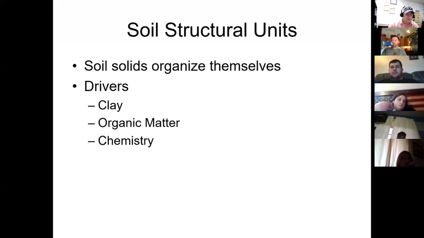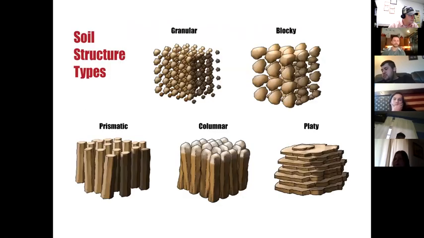There's a few things that drive this. The biggest one is clay particles. Organic matter can be a driver, and then chemistry as well. I'll show you some examples as we go along. But clay is probably the biggest driver in how these units will form.